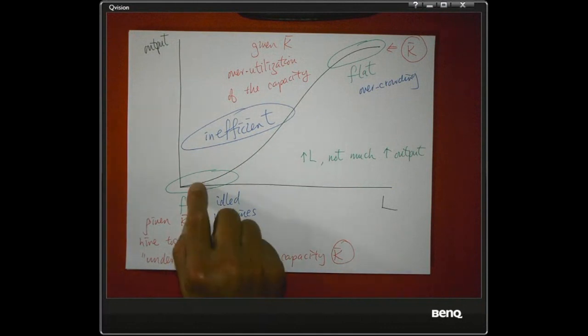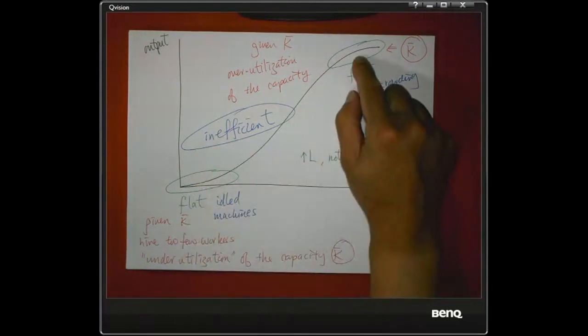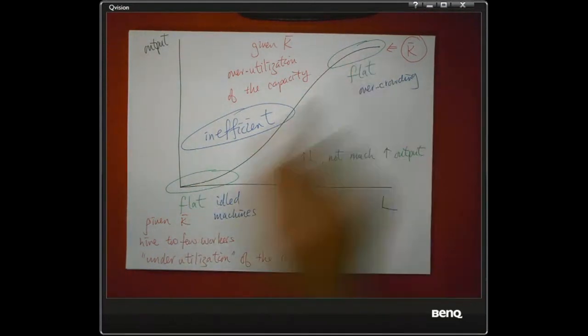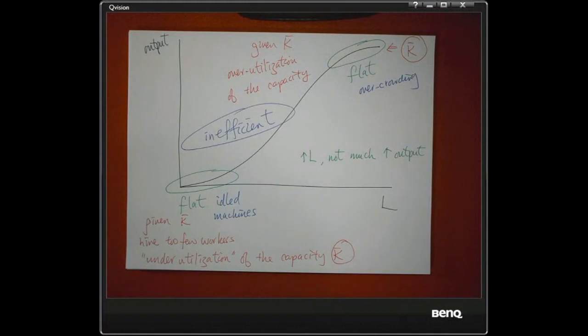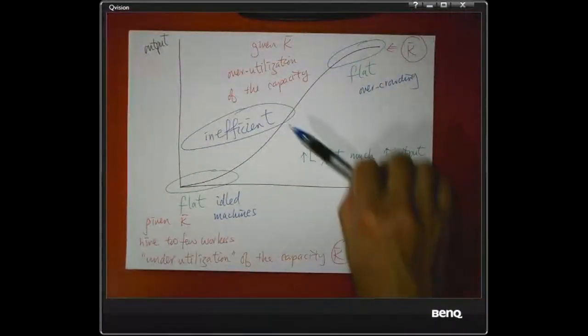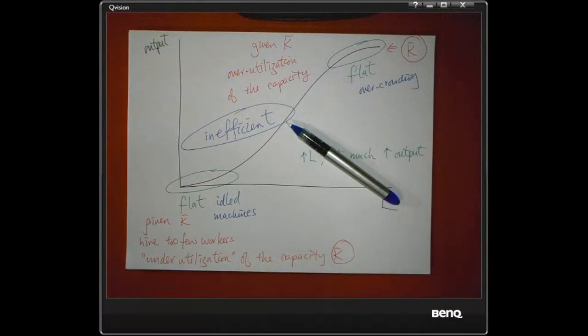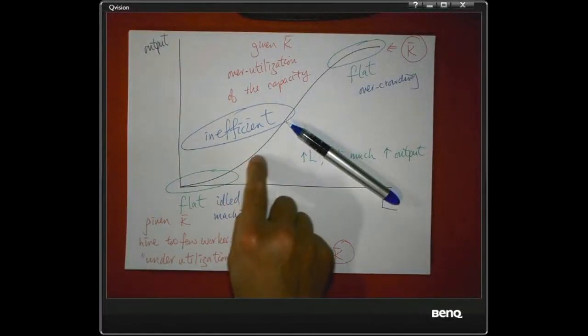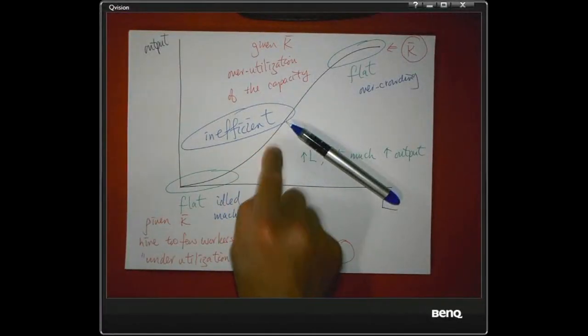If you hire only one chef in the kitchen, it is not efficient. But if you hire too many chefs, they bump into each other. It is not efficient either. And in the middle, in here, it is steep. That means efficiency improves when you better utilize the capacity.